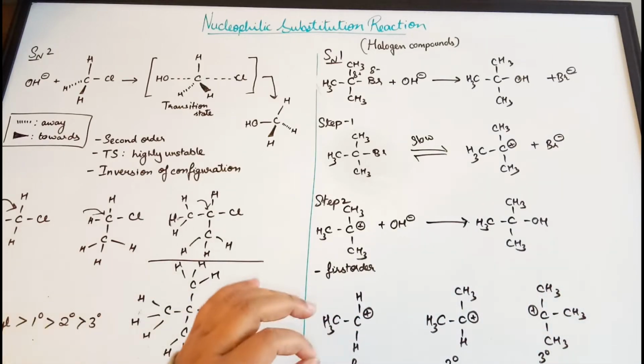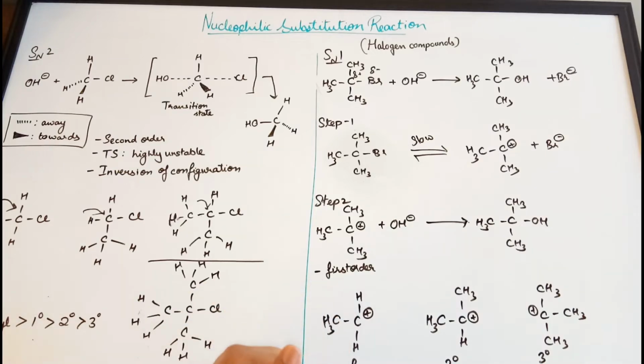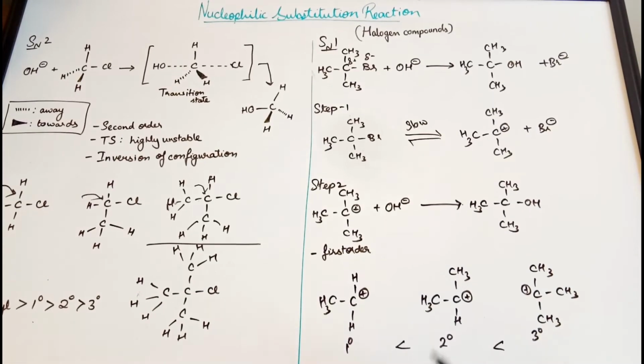Alkyl groups are electron releasing in nature. So because they are electron releasing, they will tend to stabilize this positive charge. Because there are 3 CH3 groups, they are going to stabilize the positive charge on the carbon atom. So the stability of the tertiary carbocation is higher than that of secondary, and that is again higher than that of primary.